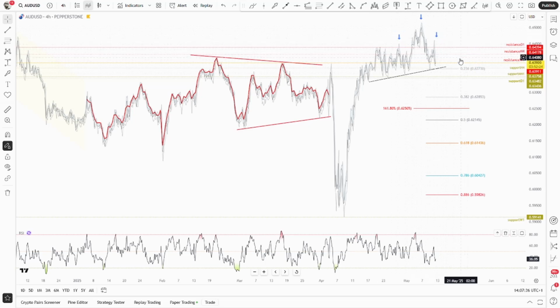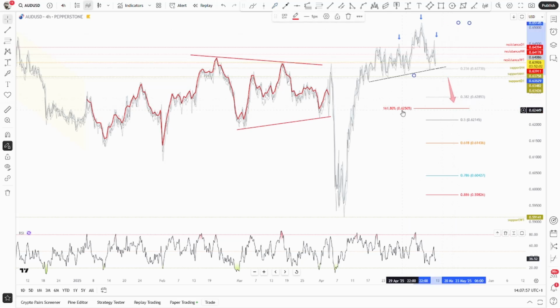Let's see how much time the Aussie will need to unfold this right shoulder. Ultimately, the recovery and the violation of this fractal support level at 63.43 may trigger that move to the downside for the Aussie.